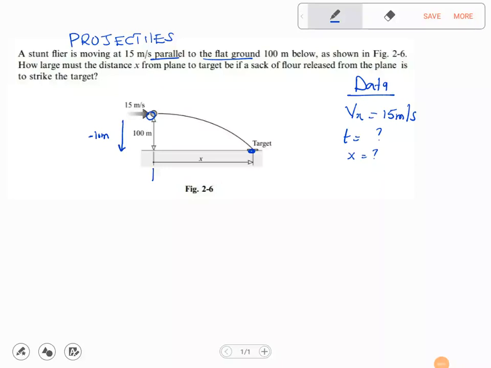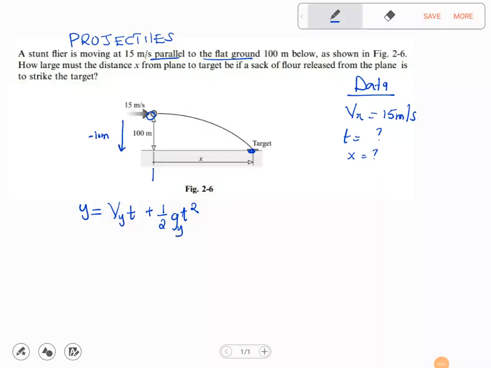So using the vertical motion equation, which we know, we are going to use the y direction. This is just the displacement in the vertical axis, y equals the velocity in the y multiplied by t, plus half acceleration due to gravity, let's call it g, multiplied by time t squared. Now this gravity is actually in the y-axis as well.